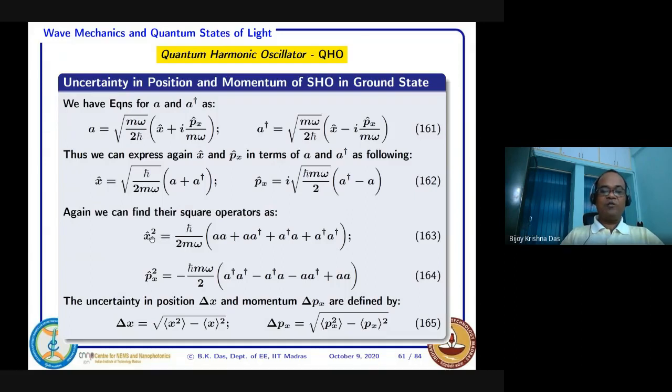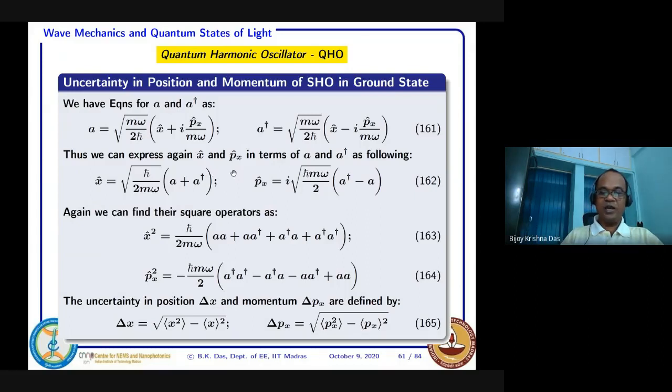While finding the x square operator, you are multiplying x times x. That means it commutes, first or second does not matter. But whenever you are multiplying operators, you should keep in mind the sequence, because they may commute and they may not commute, so the sequence should be maintained.